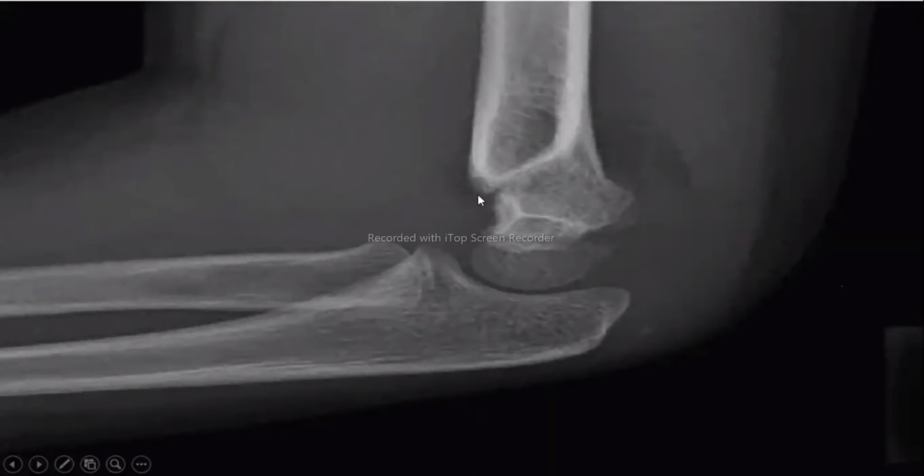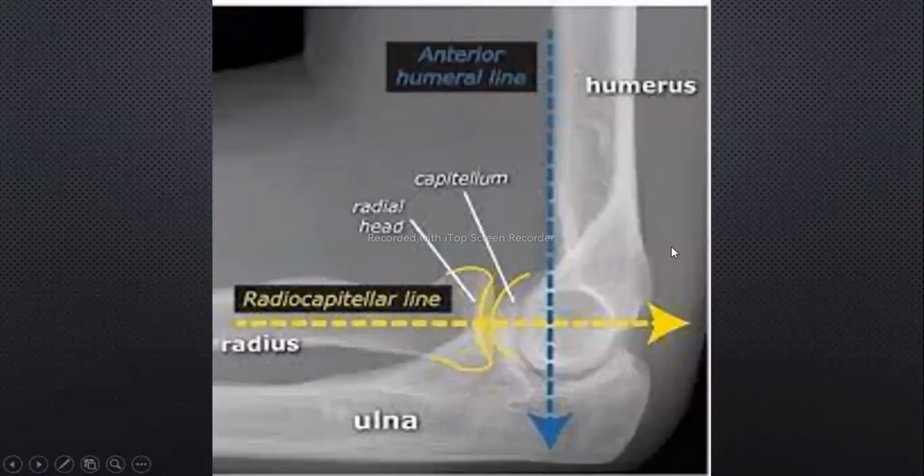That's clear. Displaced or not? Yes, but not complete displacement. Okay. So here, this X-ray, with fracture or without fracture? Without fracture.